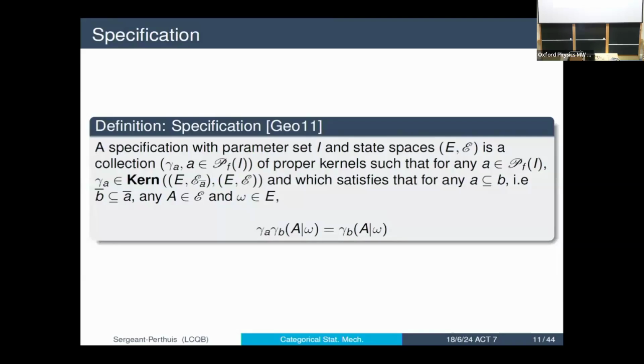But what plays the role of conditional expectations when you don't have a notion of, let's say, one global distribution, because recall that what you have is several distributions, then what you're going to need is a collection of Markov kernels that are proper and that verify the chain rule.